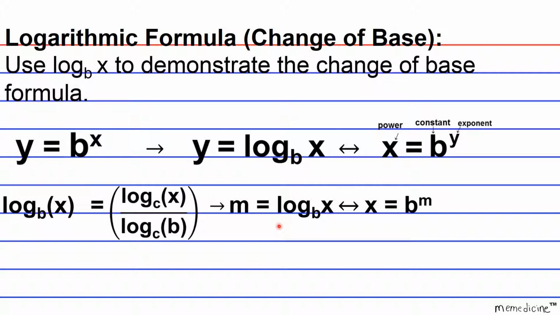Now what we're going to do next is introduce the logarithm of base c to both sides of this exponential equation. So we get that the log base c of x, okay, if we take the log base c of the left-hand side, is going to be equivalent to the log base c of b raised to the m, okay?